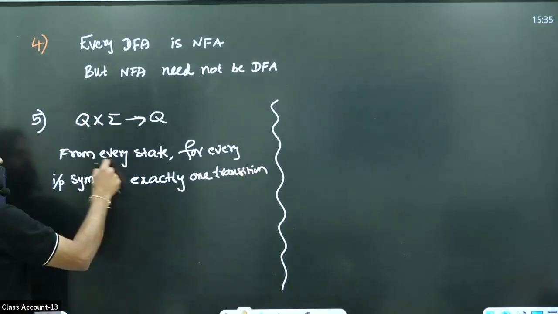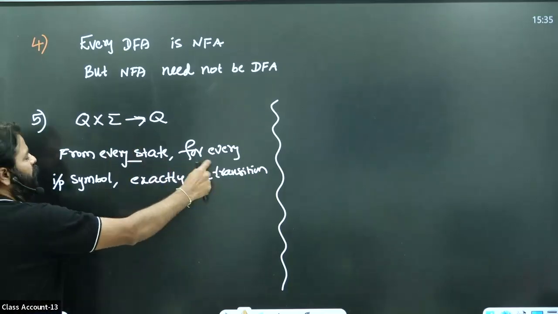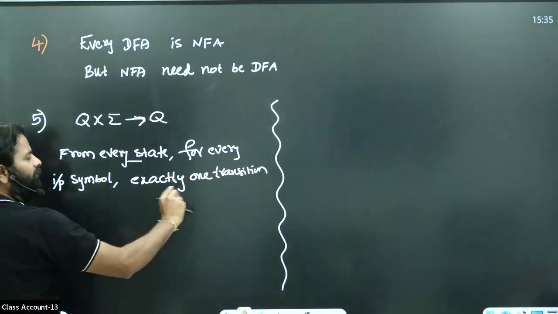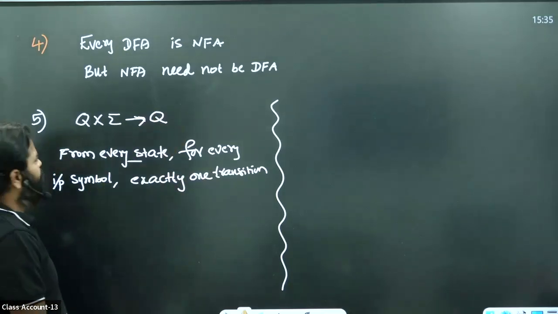So this Q represents every state, this sigma belongs to every input symbol, and this represents one transition to the next state.